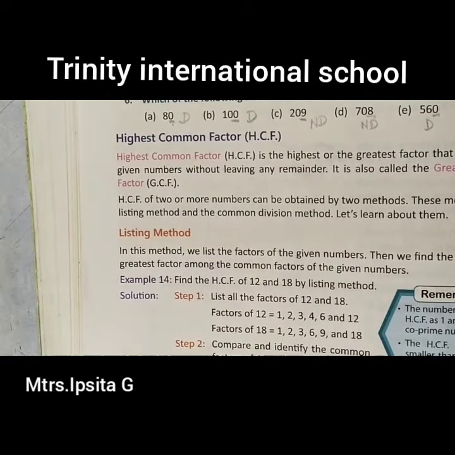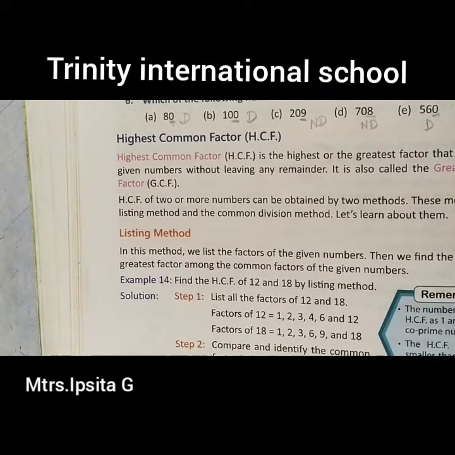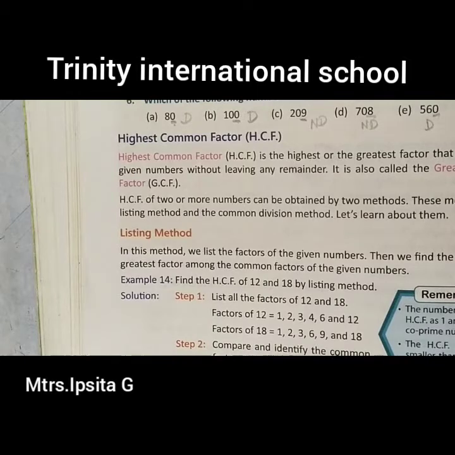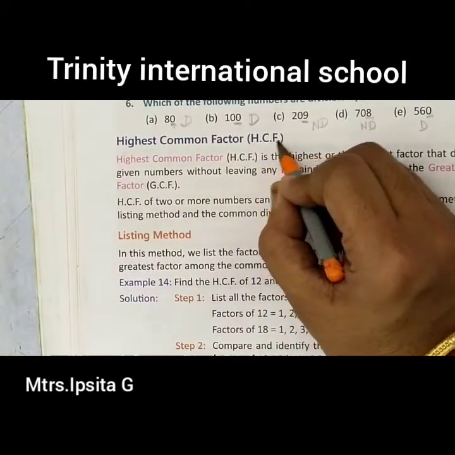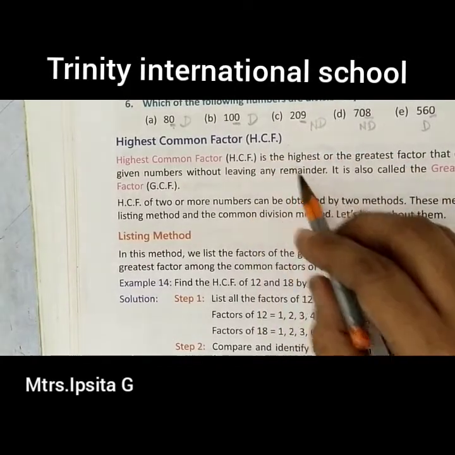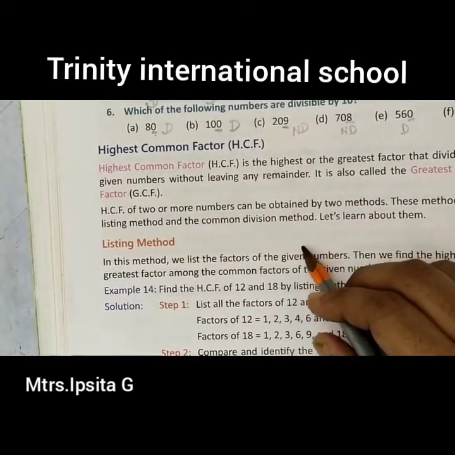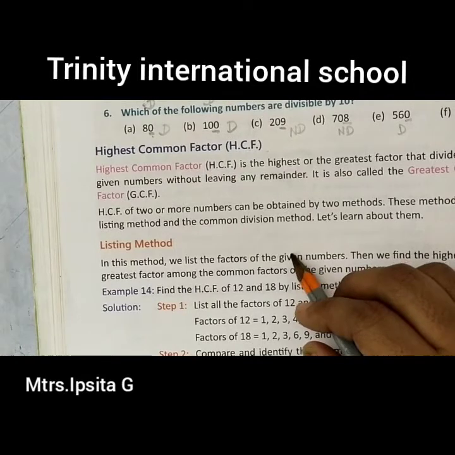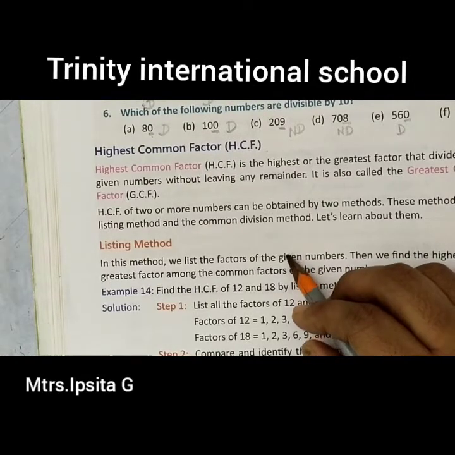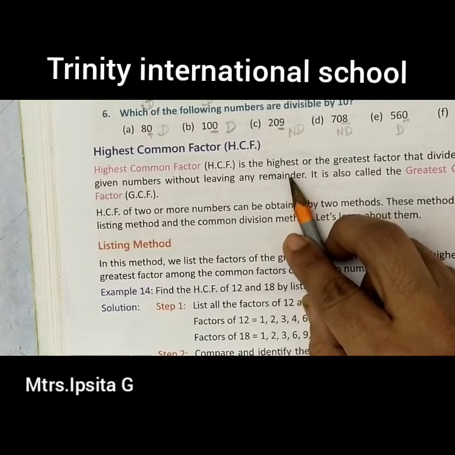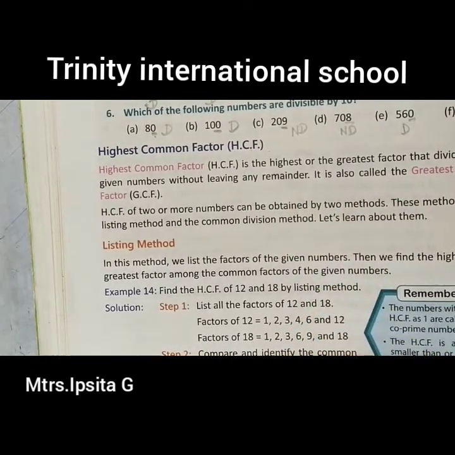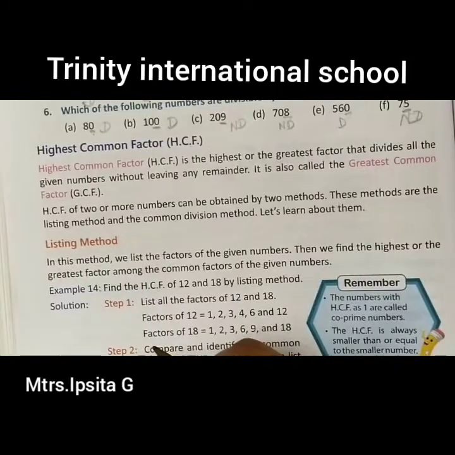Now next thing is highest common factor. So you are going to learn about highest common factor. It is known as HCF. So HCF is the highest or the greatest factor that divides all the given numbers without leaving any remainder. It is also called the greatest common factor.